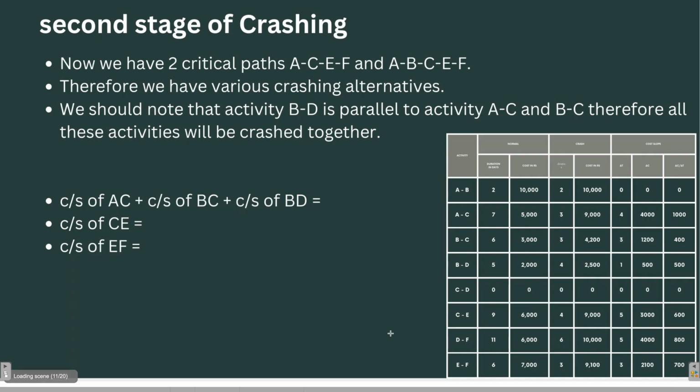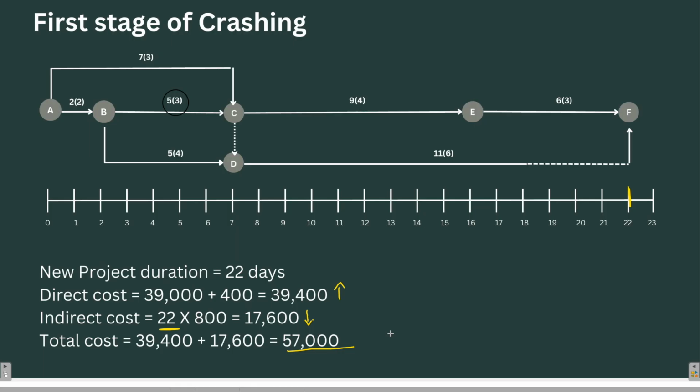Now we have to go for the second stage of the crashing. Look carefully. After the first stage of crashing, there is no float available in this activity as well as this activity. Now we have two critical paths. Two critical paths means paths having no float. So what are the two paths which have no float?